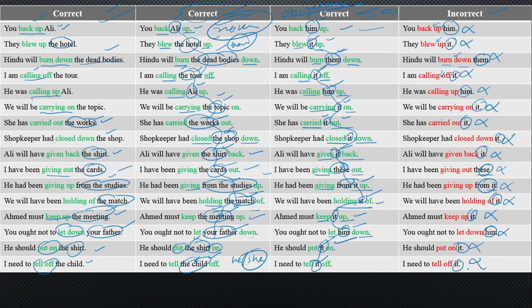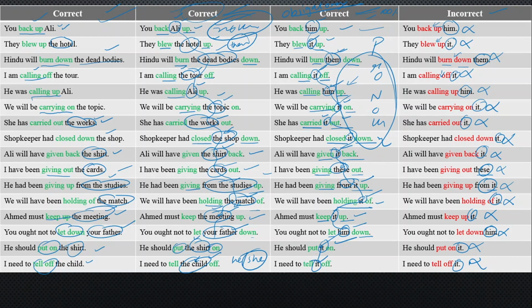So this, dear students, is known as the obligatory separable transitive phrasal verbs. Obligatory comes when your object is a pronoun. This should be in your mind. When your object is a pronoun, you must separate them because this is the rule. That's why we call it obligatory.